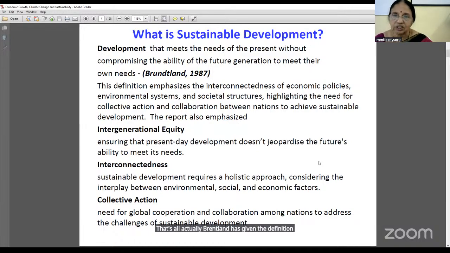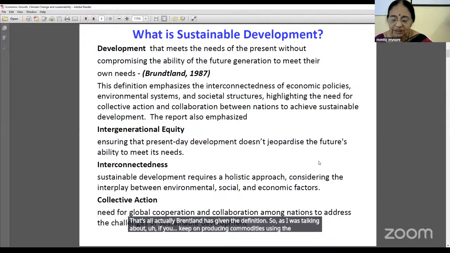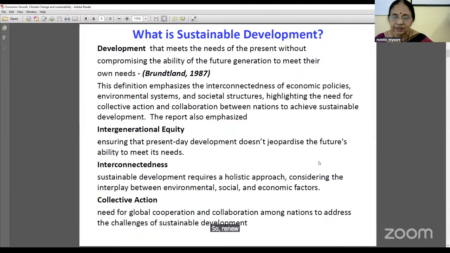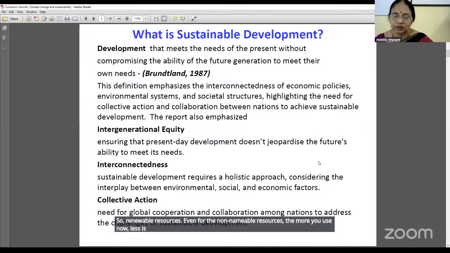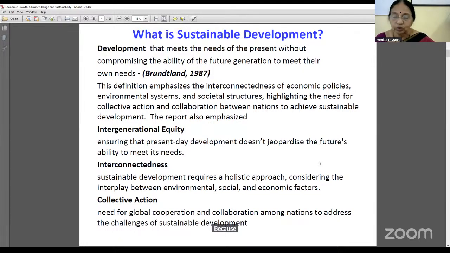As I was talking about, if you keep on producing commodities using the natural resources, among the natural resources also, there are some resources which are renewable and some which are non-renewable. Even for the non-renewable resources, the more you use now, less is available for the future, because it is not going to renew.